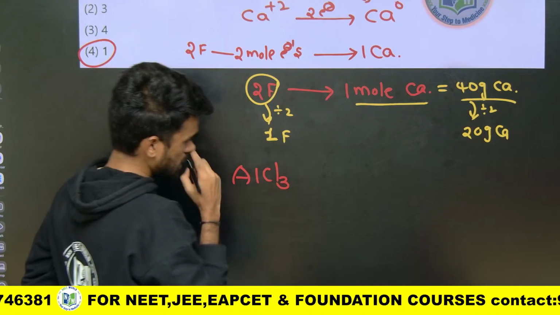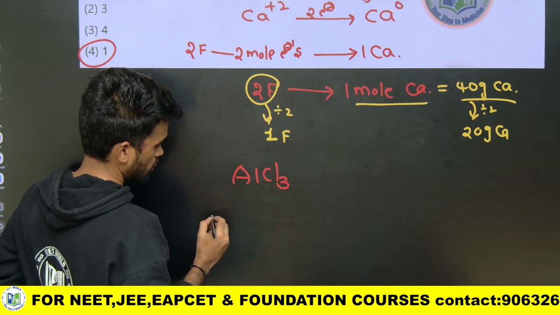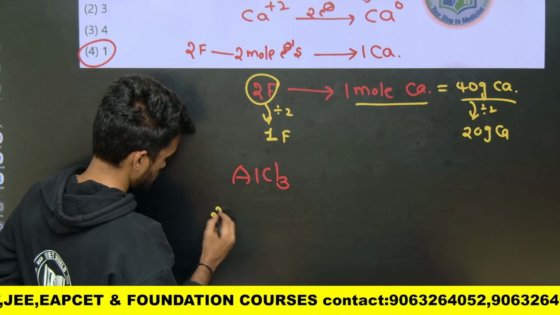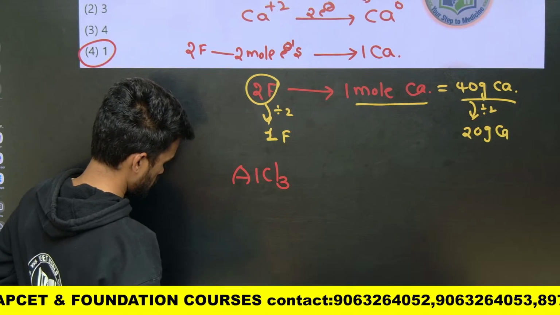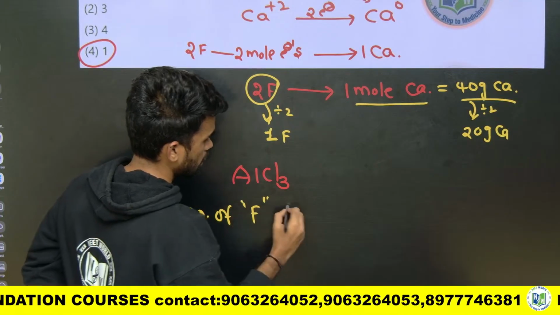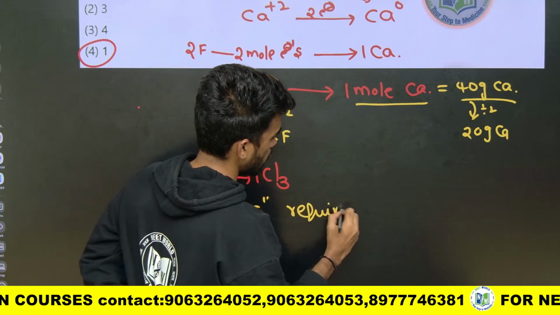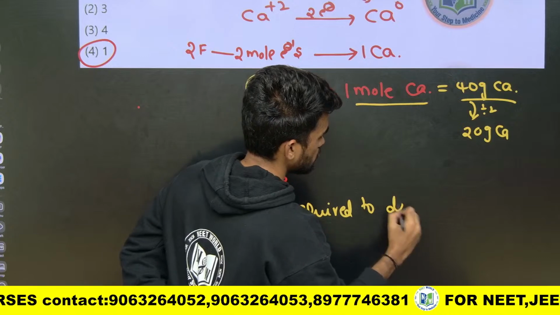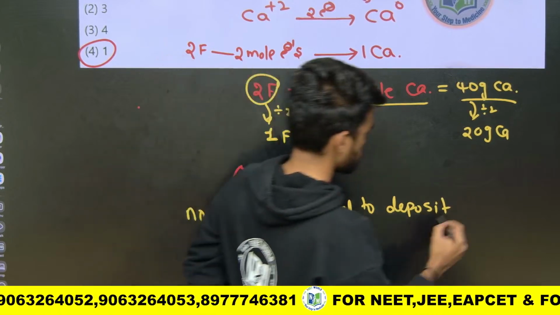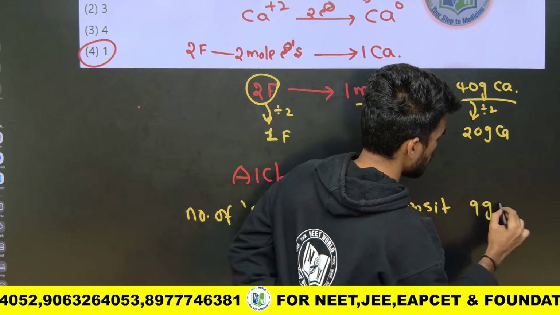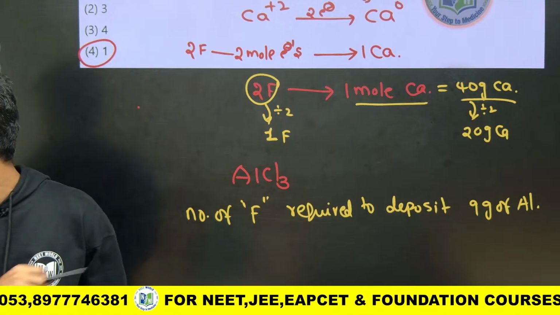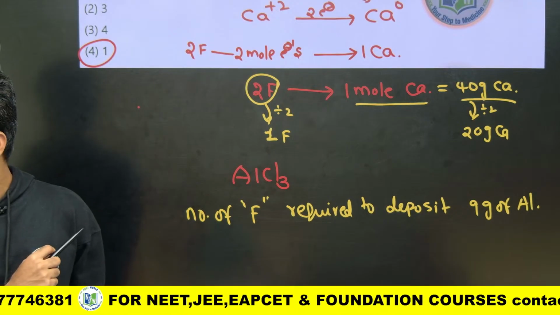Let us say I want to find the number of Faradays required to deposit 9 grams of aluminium from this AlCl3. Tell me, how can we do this?